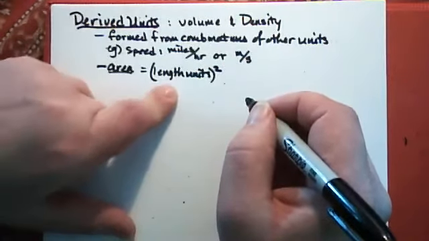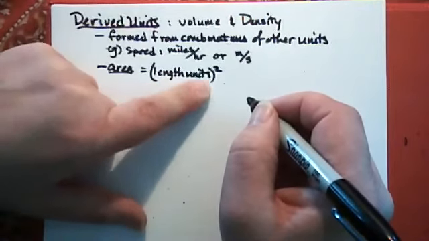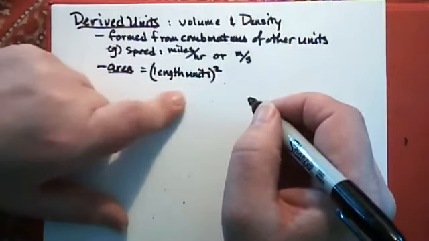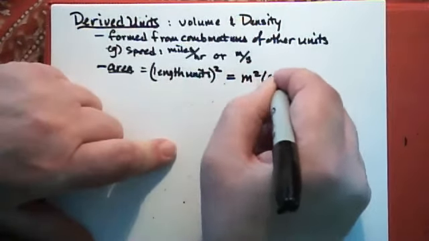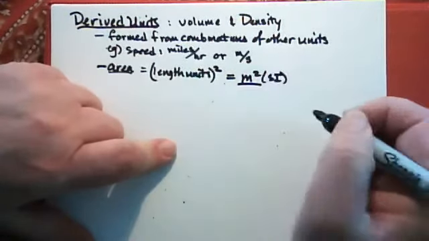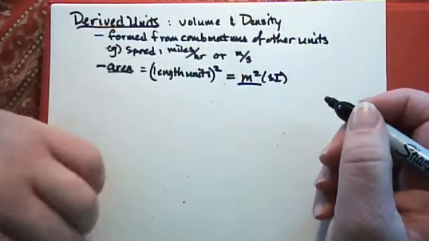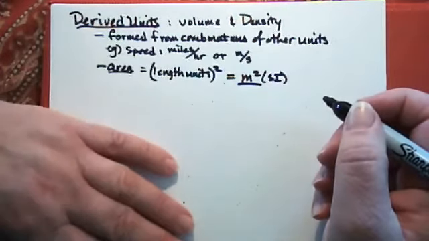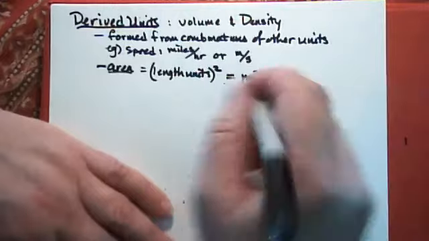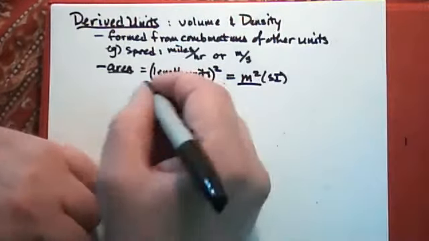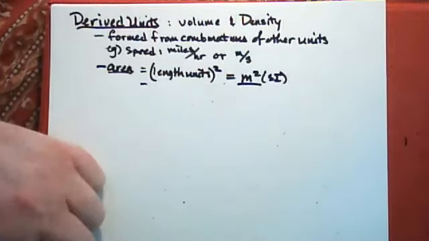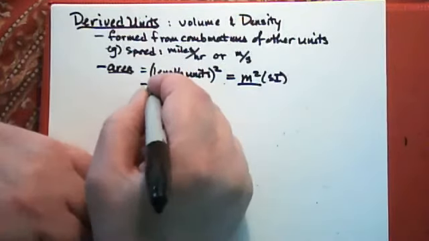So an area is usually represented as length units squared, or length units to the second power. In the SI system, the standard unit for area would be square meters. But also, any length unit squared would also be a unit for area.